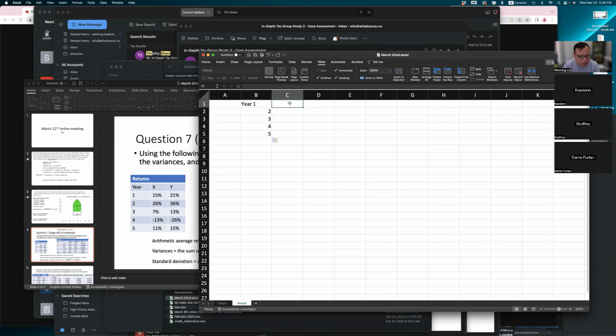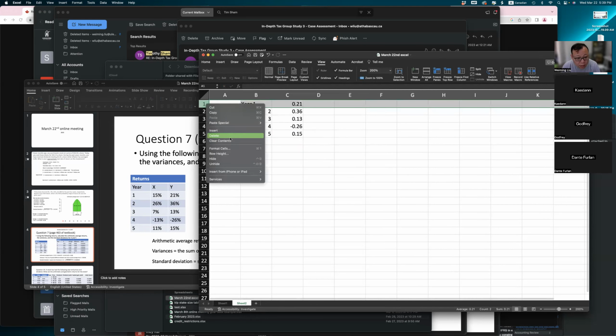So here for Y, the first one is 0.21, second one is 0.36, and 1.13, and negative 0.26. Actually, year one, I got this wrong. So year one is here. And year five is 0.15, right? So I get all this.